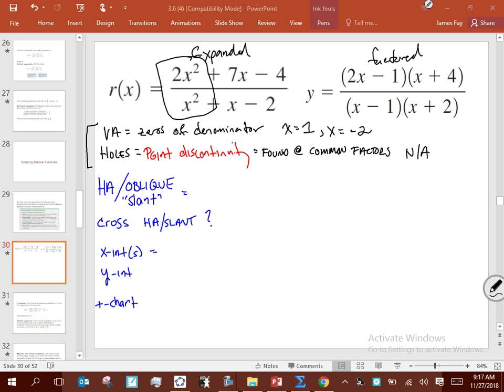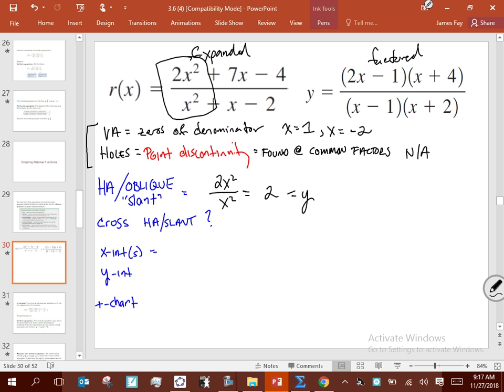If I do that division, and this is usually the way I do it, I'm not saying it's the right way or the only way, I write it this way. I do the cancellation, and that leaves you with just 2, right? Where I'm left with just a numerical value, that's my horizontal asymptote.